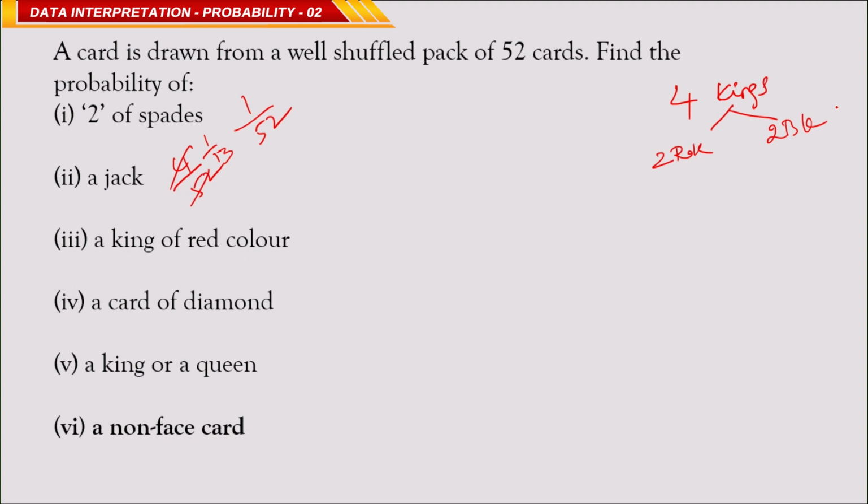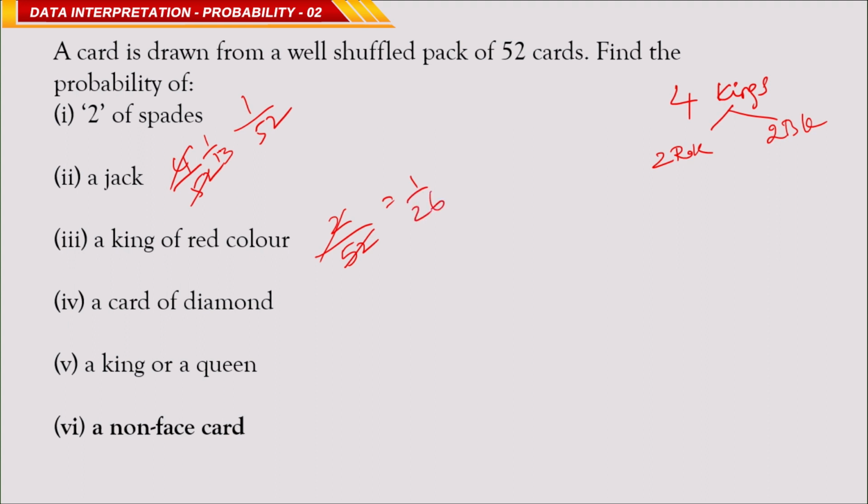Correct? So, what is the given question? A king of red color. King of red color means favorable outcomes is 2, total outcomes is 52. So, the answer is 1 by 26.